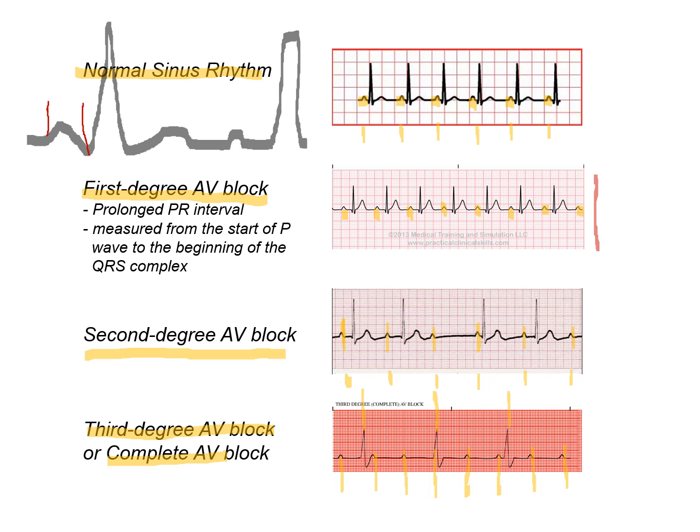The reason is that just like the SA node, which spontaneously depolarizes until it hits threshold and then triggers an action potential that spreads across the atria and down through the conduction system, the AV node can also do that. But the AV node does it at a much slower pace.